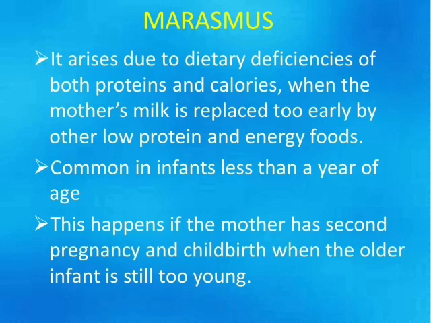So this happens when there is undernourishment of both proteins and carbohydrates or total food calories, and it is common in children below 1 year of age due to inadequate diet, less spacing of children and replacement of mother's milk with calorie deficient food. So this is the reason for marasmus.